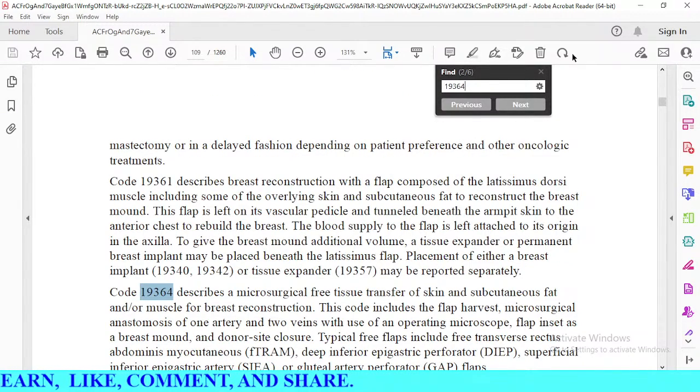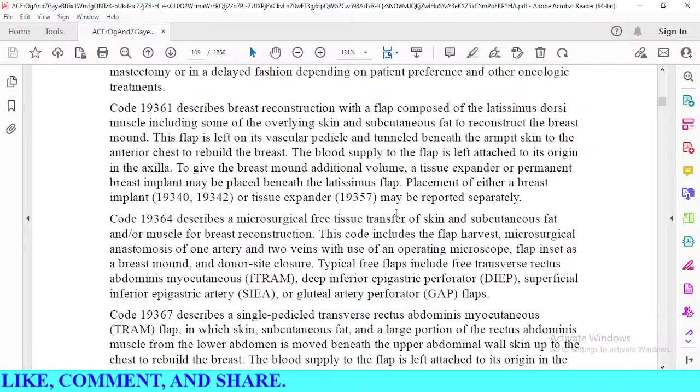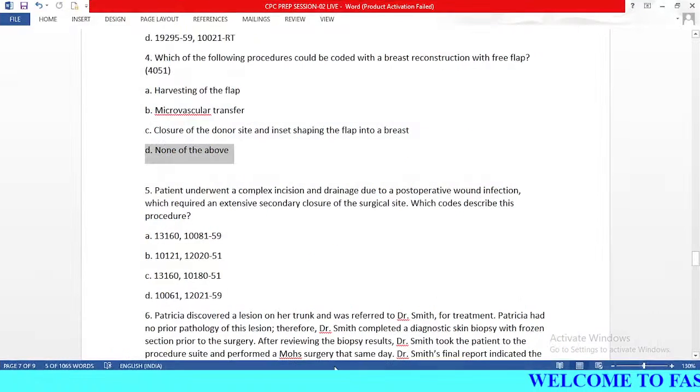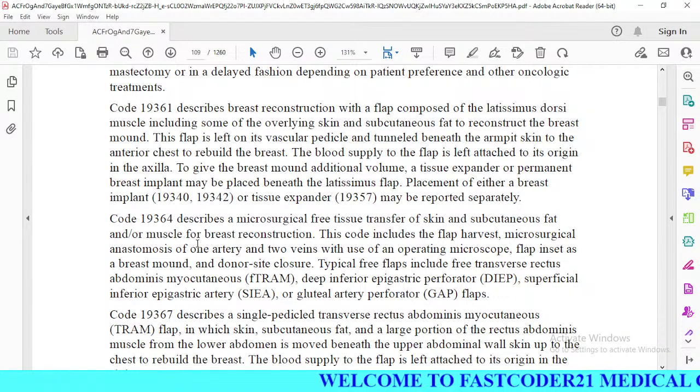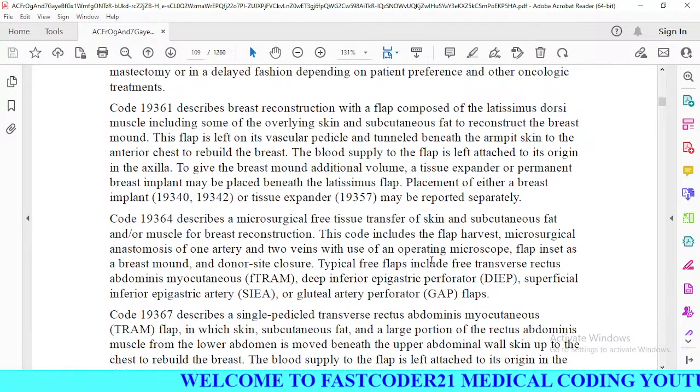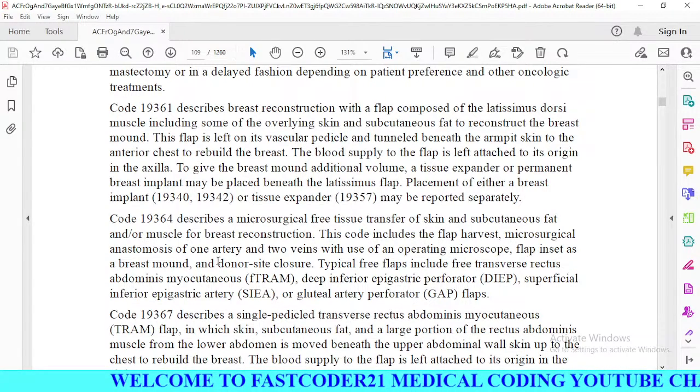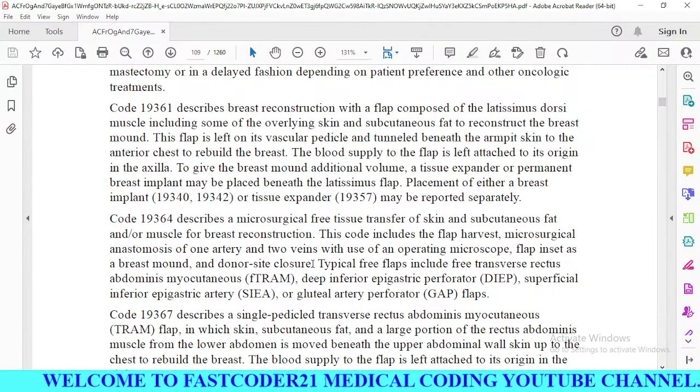So see here, code 19364 describes a microsurgical free tissue transfer of skin, subcutaneous fat and muscle for breast reconstruction. This code includes the flap harvest, meaning harvesting of the flap is included, and microsurgical anastomosis of one artery and two veins with use of an operating microscope, flap inset as a breast mound, and donor site closure.